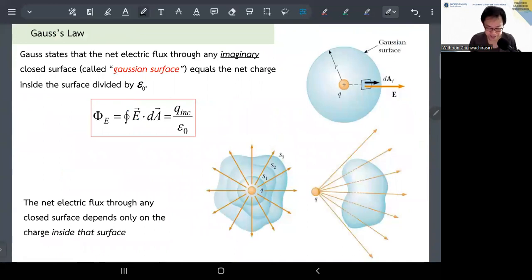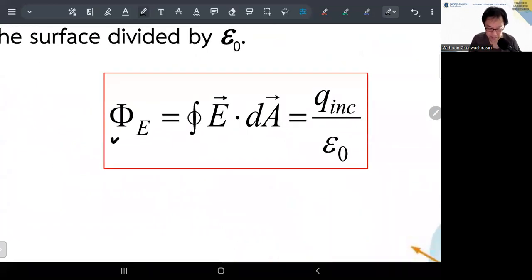See, this is the flux calculation. We already learned it's just E dot dA integrated everywhere throughout the closed surface. Whatever flux you get must be telling you the amount of charge included inside that closed surface.